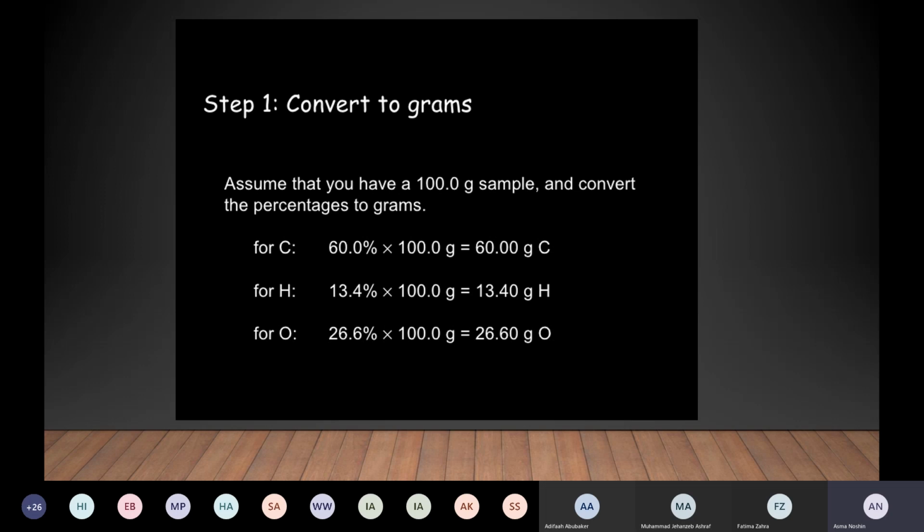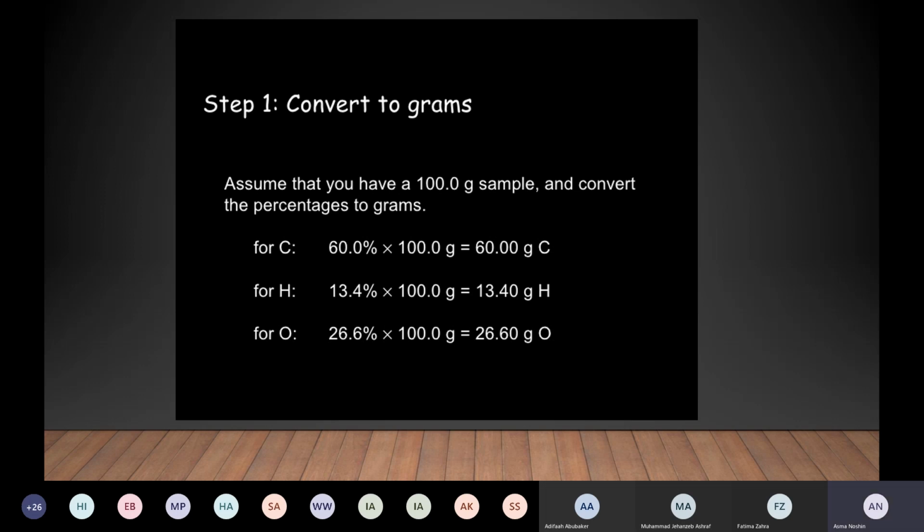Okay, this is how we have converted percentage into mass, and those masses are of the elements which are present in a sample or compound. Now this is the first step. That means you now have the masses of each element separately.